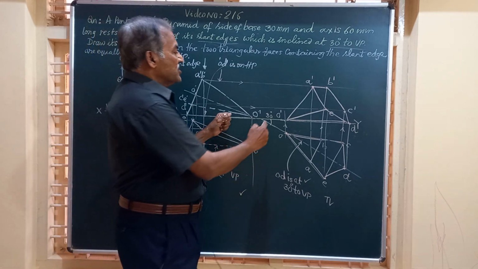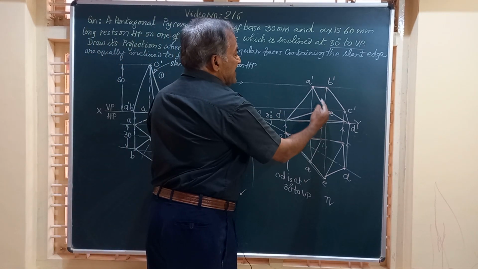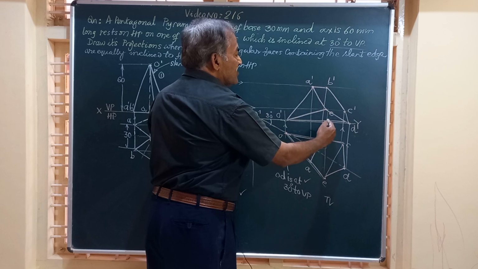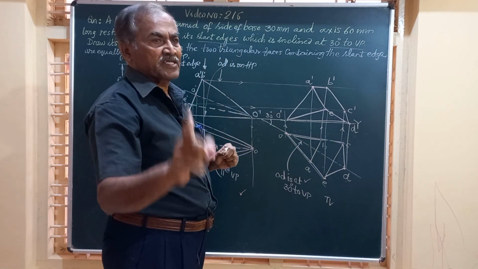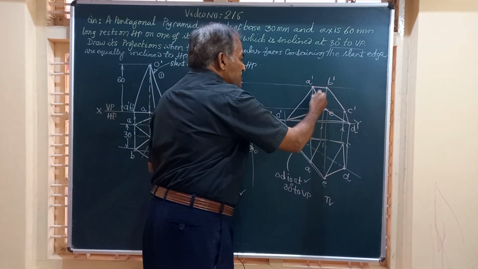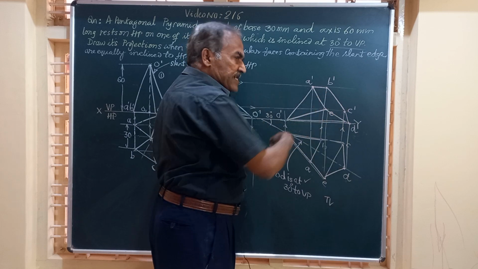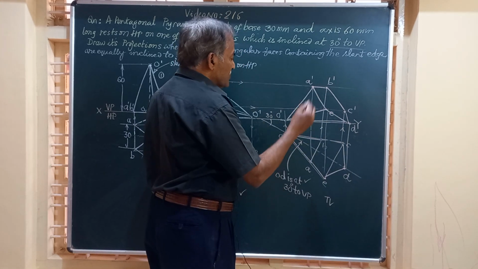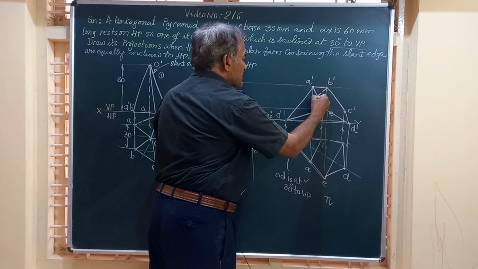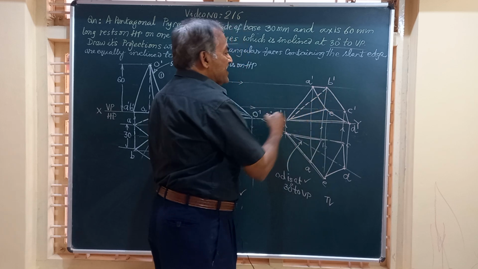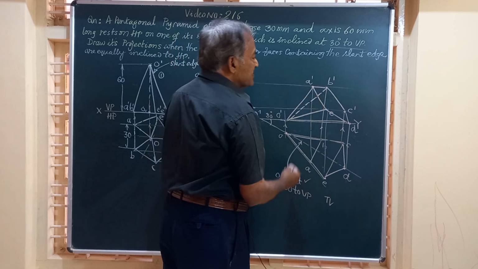Now what happens when you are joining O dash to B dash? It is intersecting this line. So whenever two lines intersect, and if one of them is already a full line, the intersecting line should be a dotted line. So friends, I am going to show this by a dotted line since it is not visible.